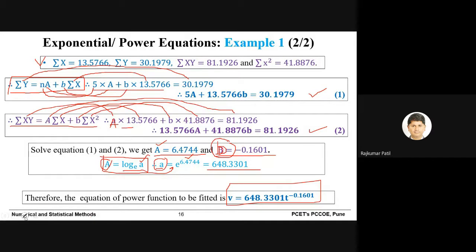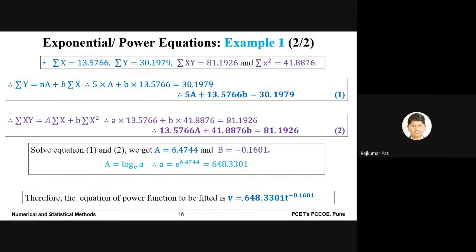So this is how we first linearize the non-linear equation. That non-linear equation is also called an exponential or power equation in this particular type of problem. Once you linearize it, you need to prepare the table for calculating the unknowns from the normal equations.